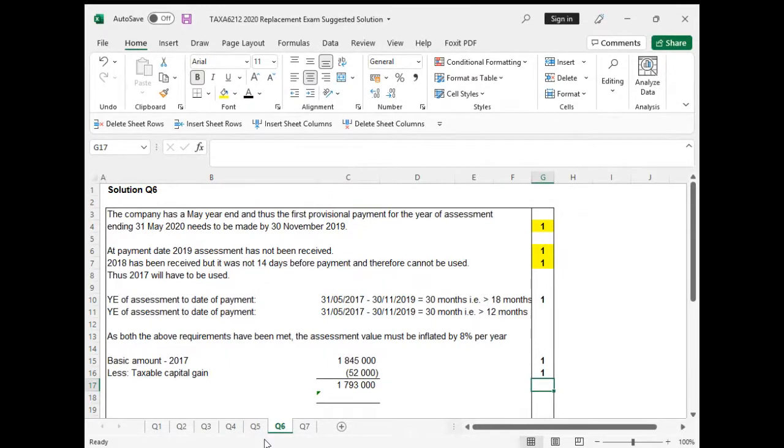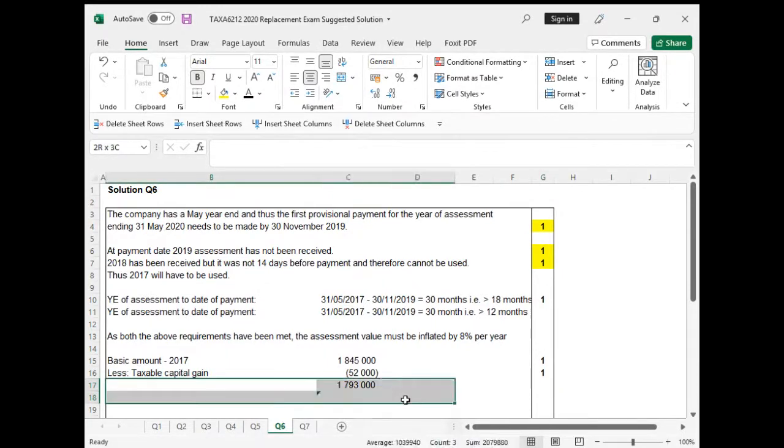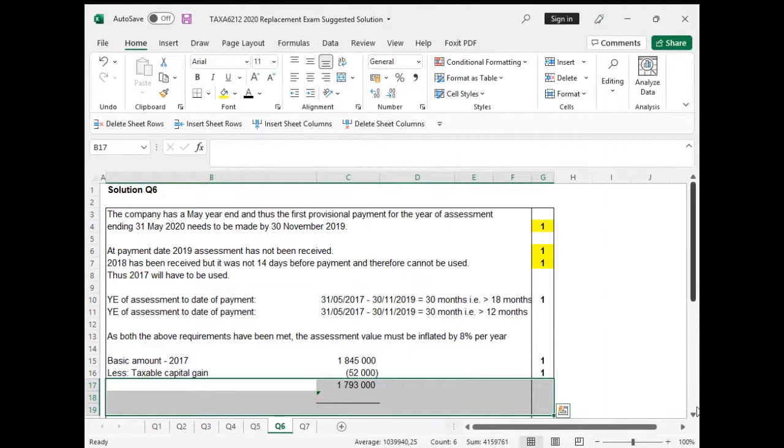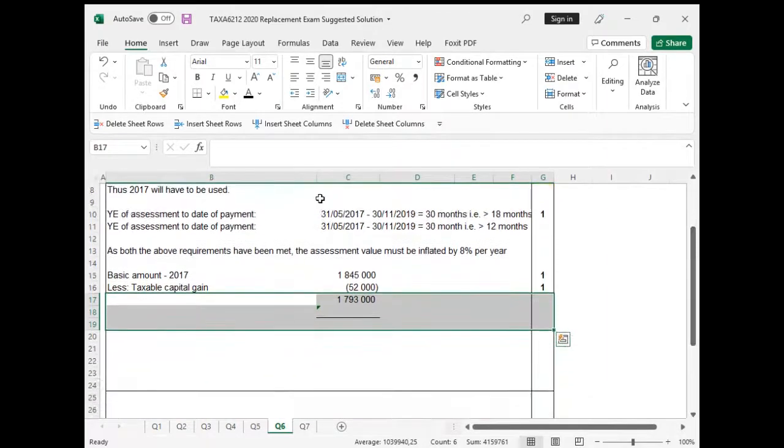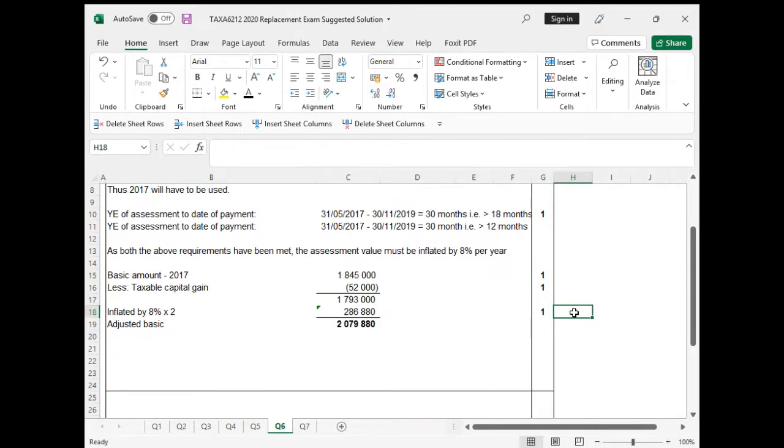Then after you've removed the capital gain, only then we increase it for the inflationary value, which is the 8%, but you only increase it for the tax years that have already passed. So that would have been 2018 and 2019 tax years that would have been finalized so far. So that's why it's 2 years. And then you add that to the value to get to your adjusted basic amount.